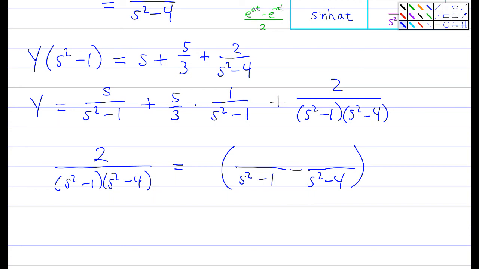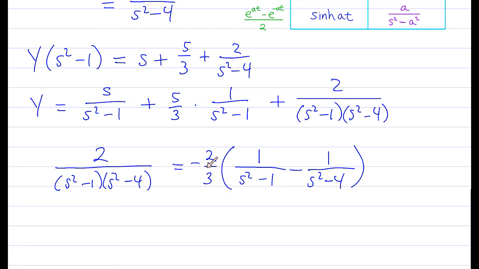Now, if I just have a 1 here and a 1 here, what do I get when I actually subtract these fractions? I'm going to get a minus 4 plus 1, right? Minus minus 1. So minus 4 plus 1, that would give me minus 3. But I want 2. So I just multiply by minus 2/3.